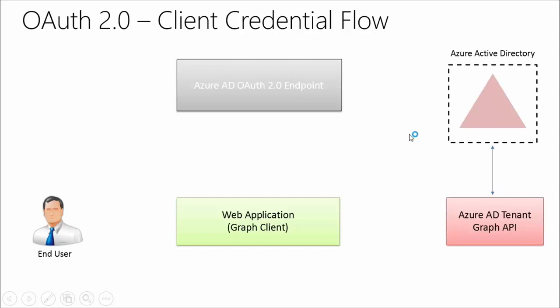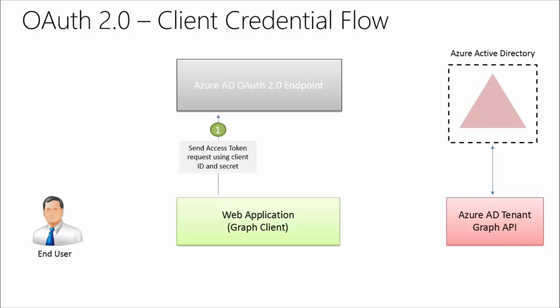If we walk through an OAuth 2.0 client credential flow, let's look at how this works. We have an end user over here that wants to access a web application that works with Graph. When they access that application, it's going to say, you want to access Graph, but we need something to authenticate you to know that you're safe to be accessing it.